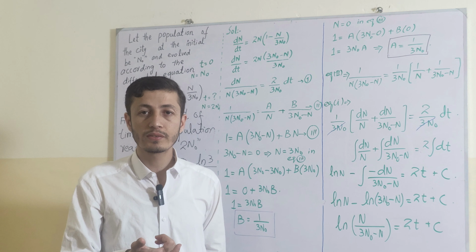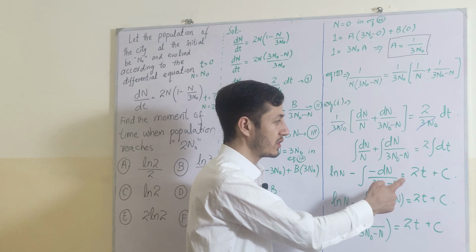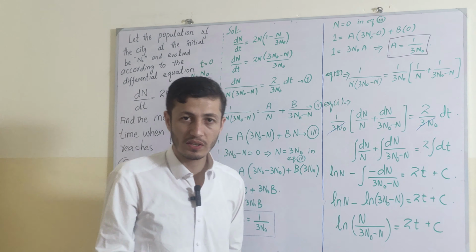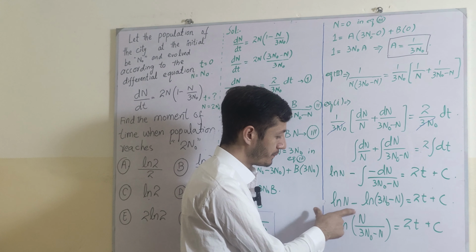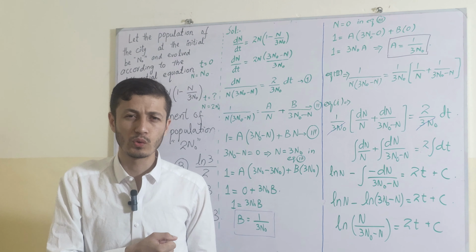the integration of del t is what? It's just t, so it becomes 2 times t plus constant of integration, or 2 times t plus c. Now the property of log is used here.